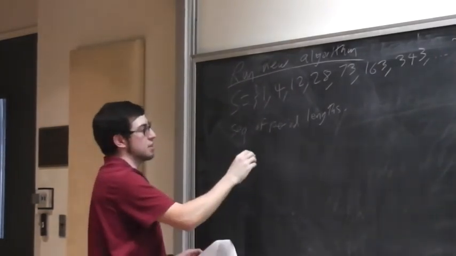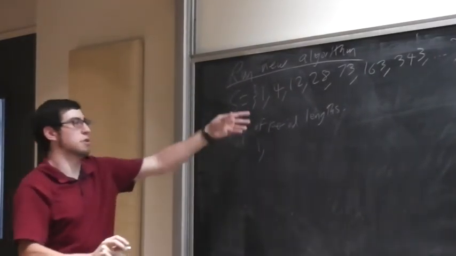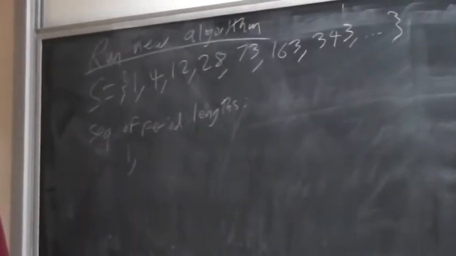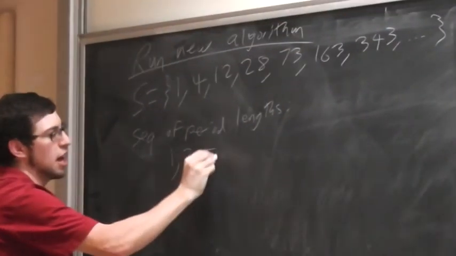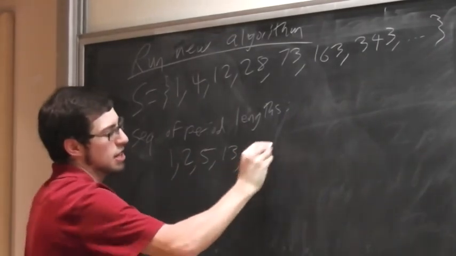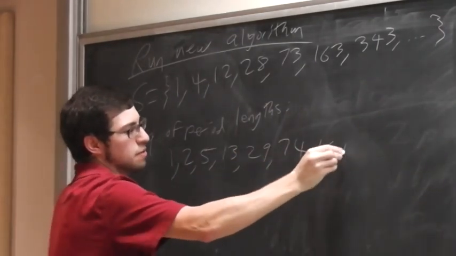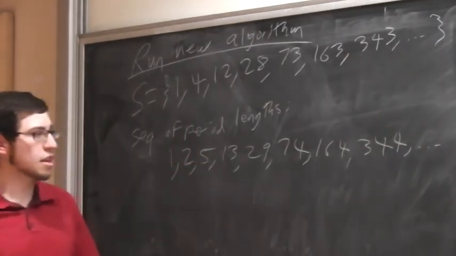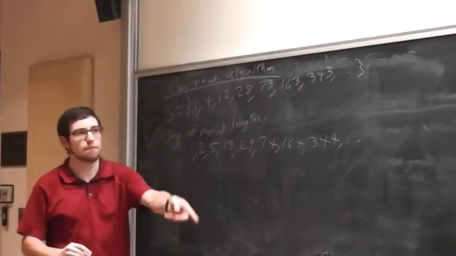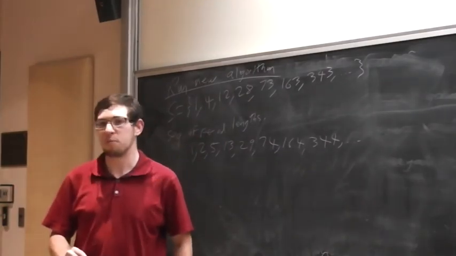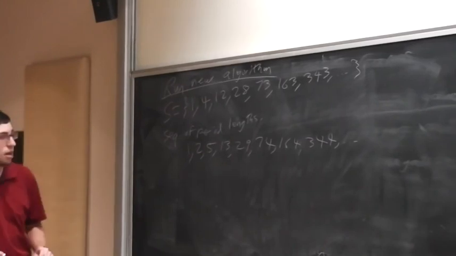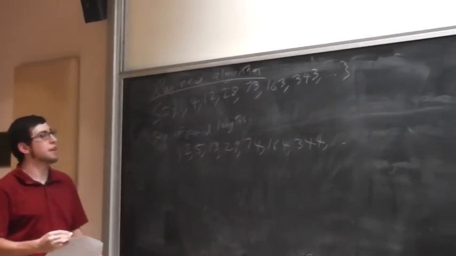So the period lengths, I'm going to put 1 here because we can start with nothing here, and the period of the empty subtraction set is 1. So 1, 2, 5, 13, 29, 74, 164, 344. So these are all just 1 more than that because we have the same phenomenon that happened over there, where the period has length 1 more than the largest element of the subtraction set, which is a nice property to have.